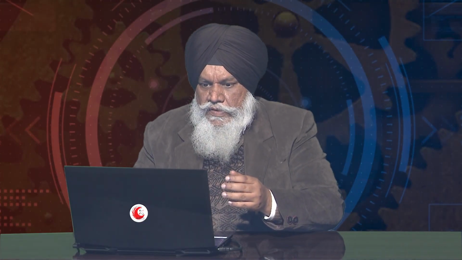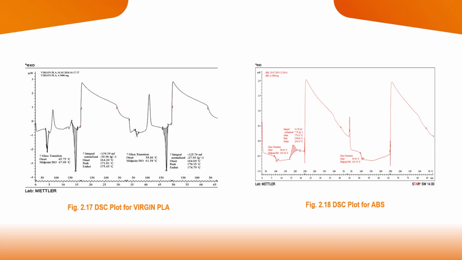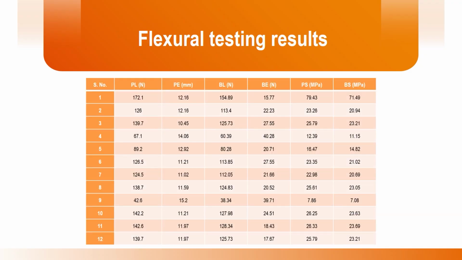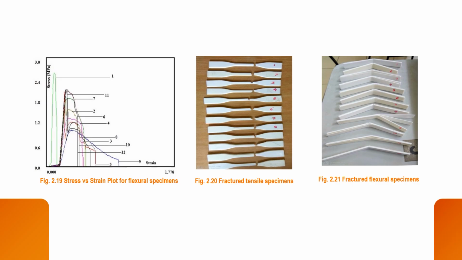Based on this, we tried to correlate it with the thermal property, as in our previous lecture discussion. What we observed is that a special trend is followed in the DSC analysis. Similarly, for the flexural property, we observed the peak load, peak elongation, break load, break elongation, peak strength, and break strength, and you can see the stress-strain curve and the fractured sample.